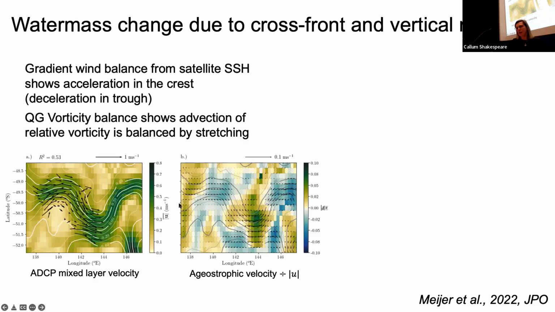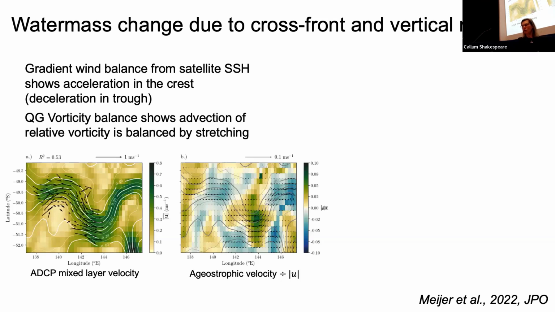And so Yanyap has diagnosed the gradient wind from satellite sea surface height, and that's shown here in the shading, and that's overlaid with the vectors from the shipboard ADCP during the voyage and averaged over the mixed layer. On the right is the difference between the gradient wind and the geostrophic velocity, but it's normalized by the total gradient wind.